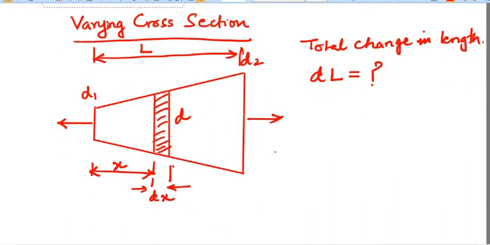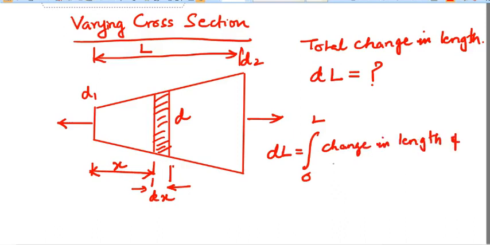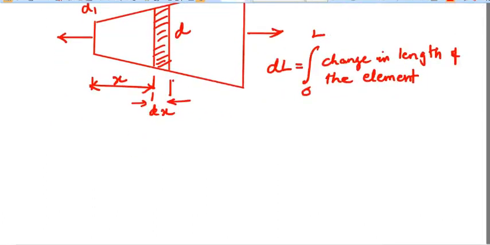So the total change in length is given by the integral of the change in length of the element. So first find the change in length of the hatched part, then integrate between the limits 0 to L.